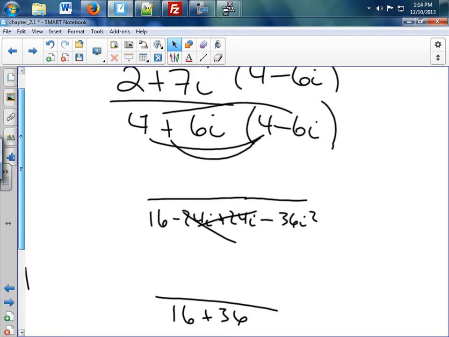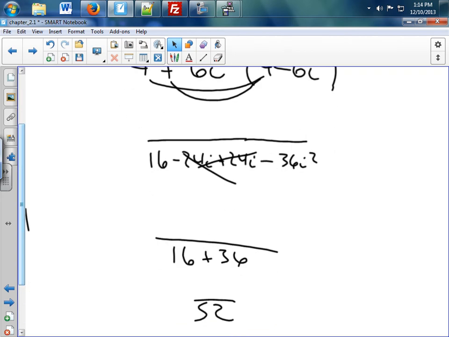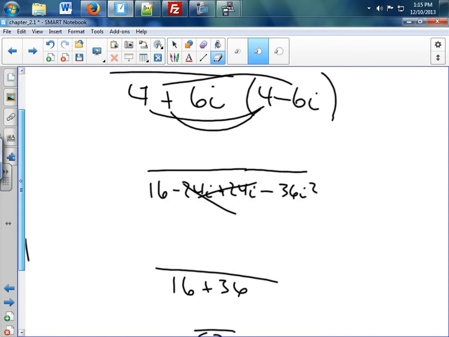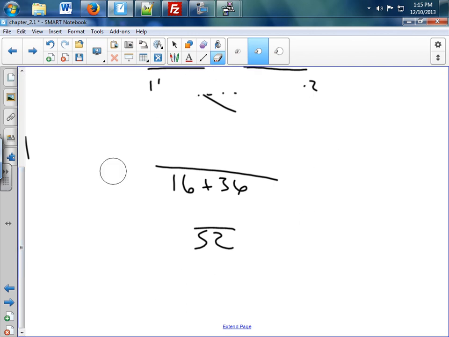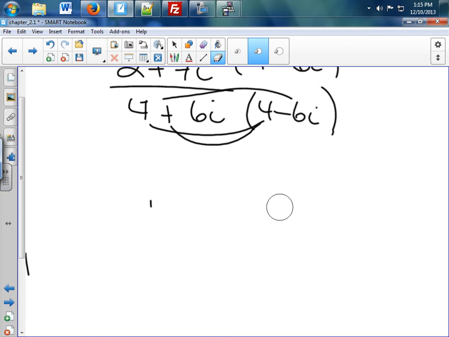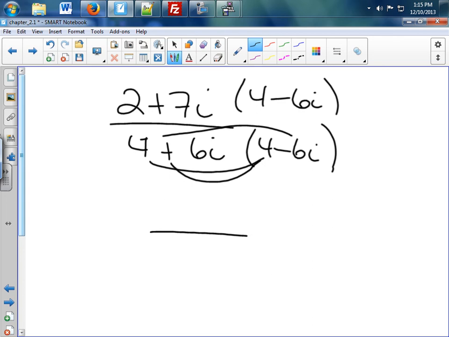Now, I showed you that reason because when I do these, I don't do all these steps. I just do the denominator right away, and then I FOIL the top. And I think after the homework assignment you'll be at the same point where this is what I would recommend doing on the bottom: 16 minus 36i squared. Okay?